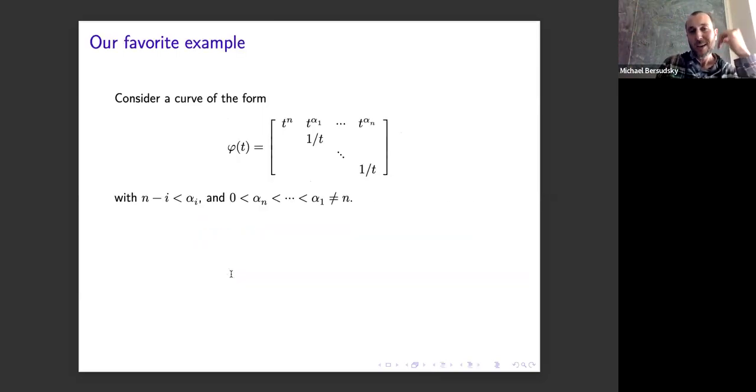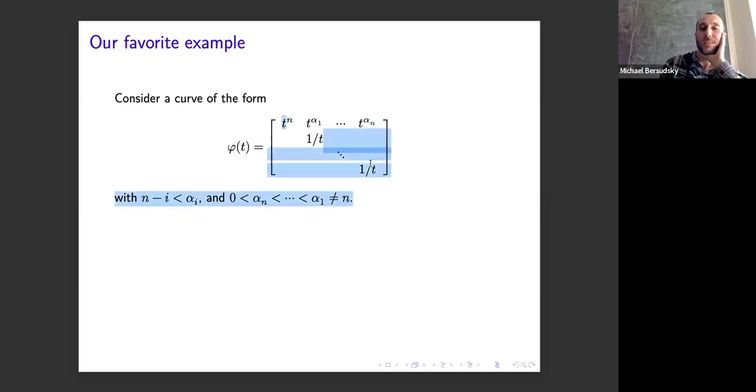And here is my favorite example. I think it's ours. So we have this very simple, nice curve. It's a curve in SL N plus 1 and has some conditions on those degrees.